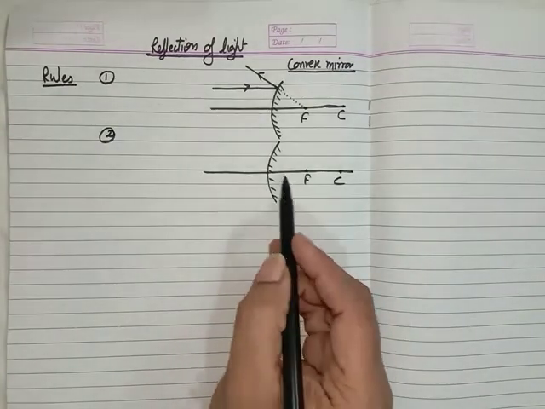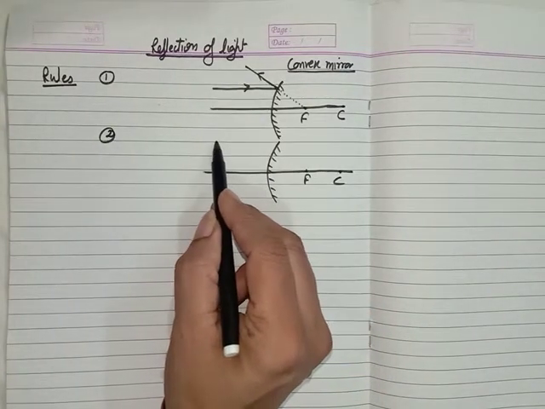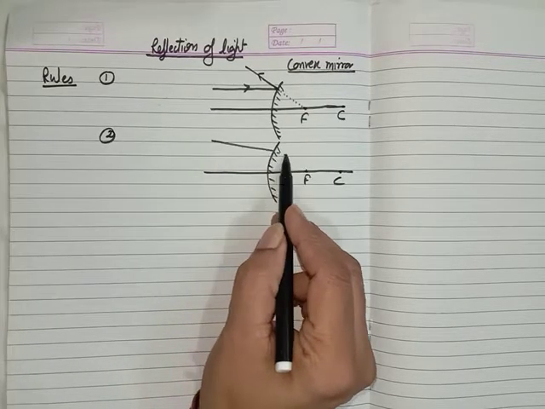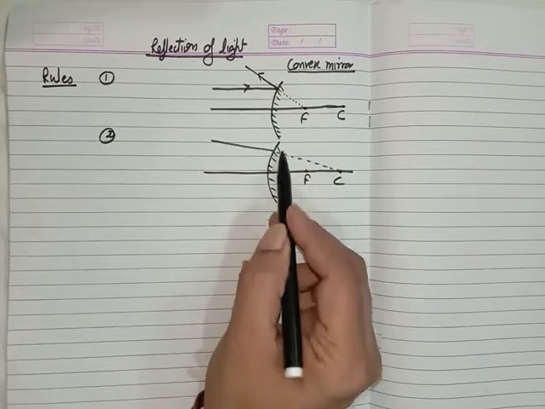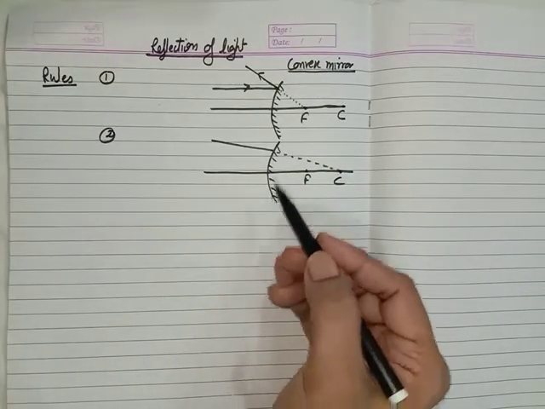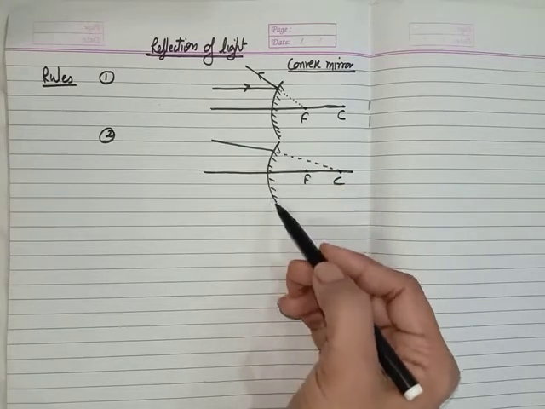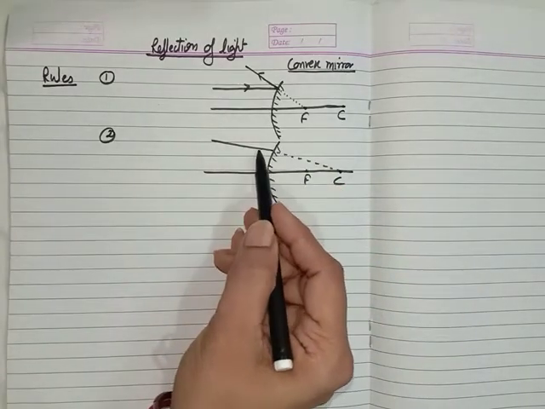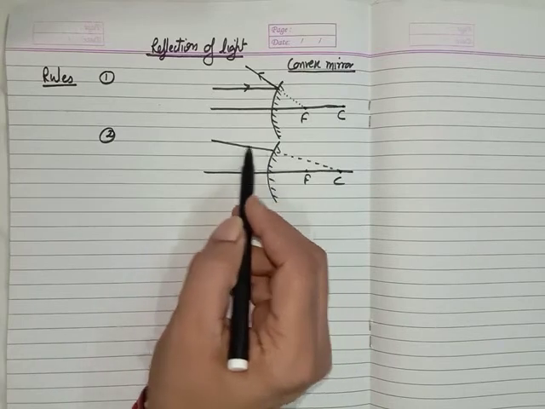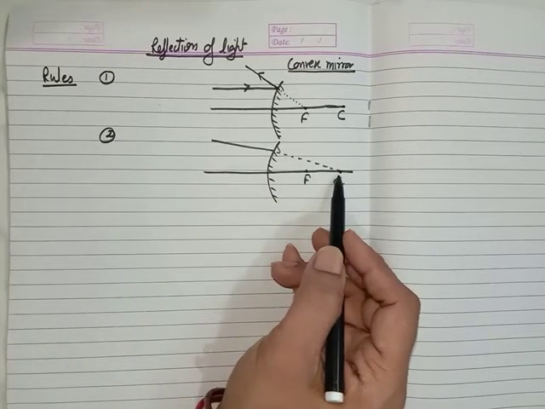So the second rule is this: if a light ray is coming towards the center of curvature, the light ray can't pass through the mirror because this is the polished surface. You can imagine, if a mirror is polished from this side, the light ray can't penetrate this side, so it can't reach the center of curvature.